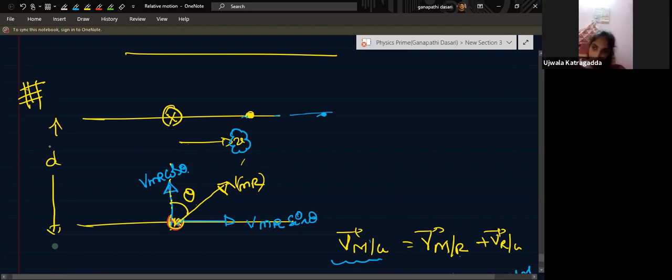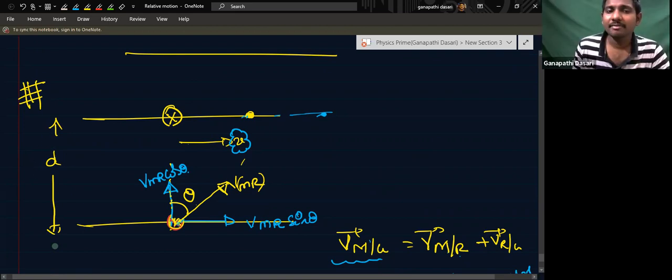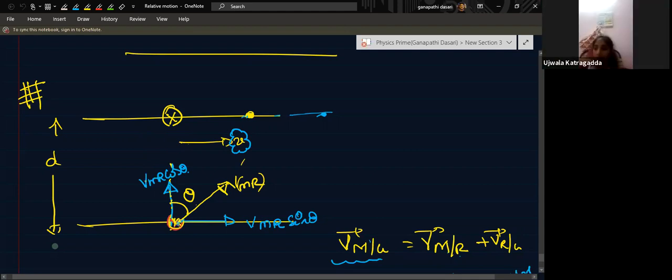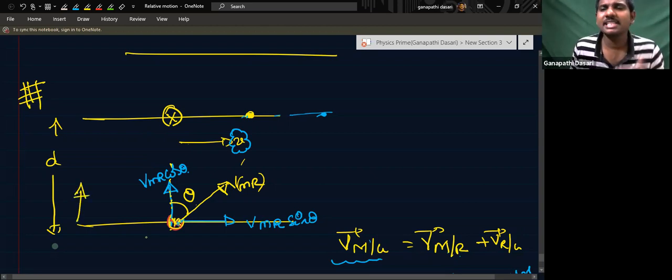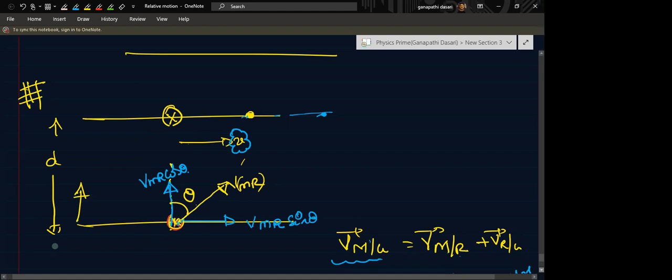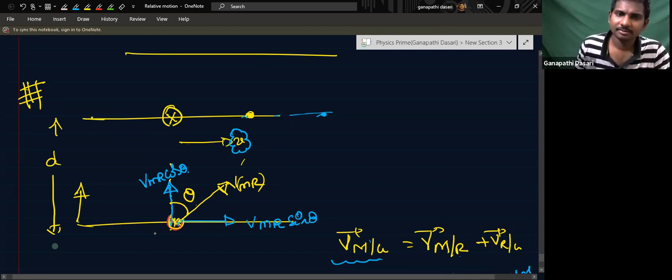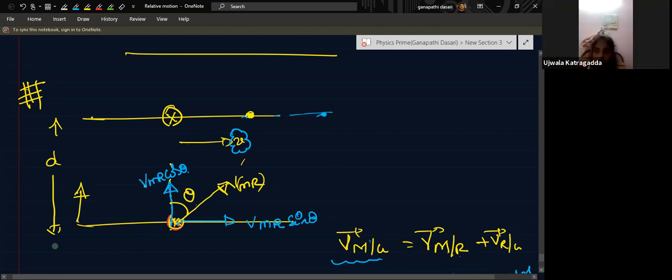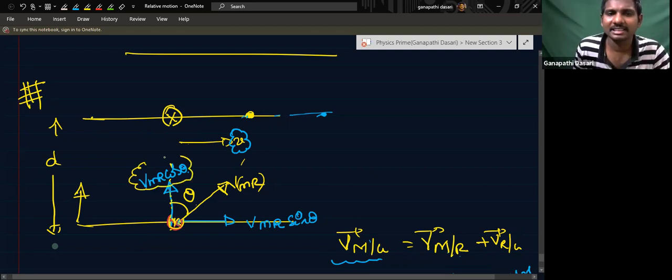Vertical motion is the responsibility of which velocity? In this direction, what velocity is taking the boat to the opposite end? This vertical component, VMR cos theta.